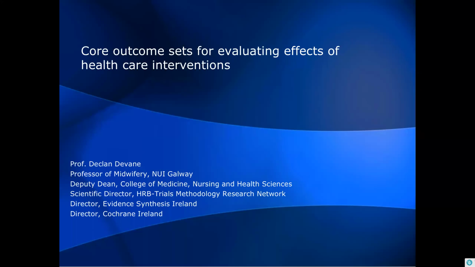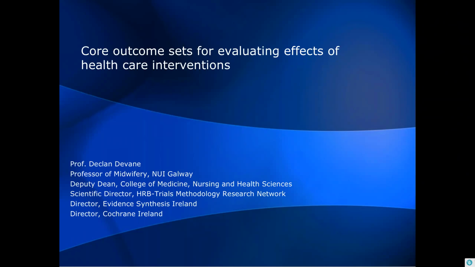What I want to talk to you about is the development of core outcome sets and particular focus on why core outcome sets are important, and that's identifying what the problem is that we have around how outcomes are reported in primary research and the problems that later leads to when you try to synthesize that evidence.